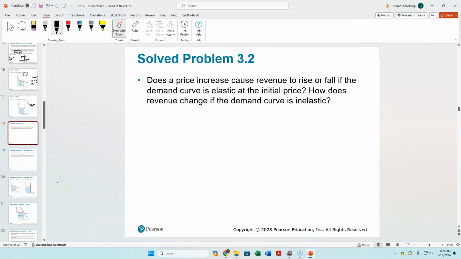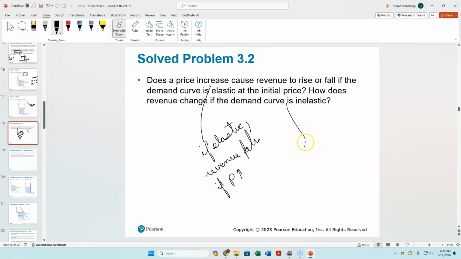So the question then becomes, does a price increase cause revenue to rise or fall if the demand is elastic? How does this revenue change if the demand curve is inelastic? Well, what we're seeing here is that if it's elastic, now we know that revenue falls if the price is going up.